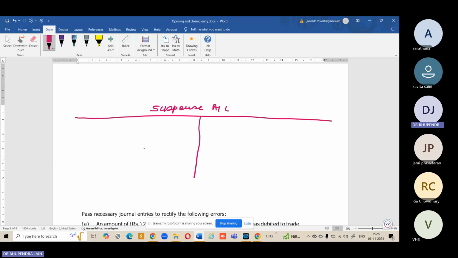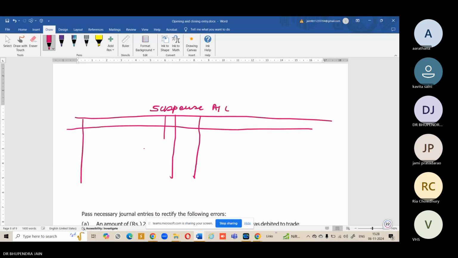All the account is divided into two parts. Date, particulars, general folio number, and amount. The same columns here: date, particulars, general folio number, and amount.